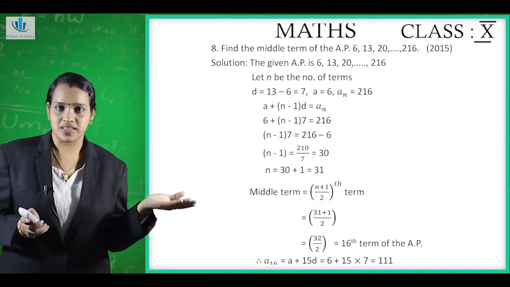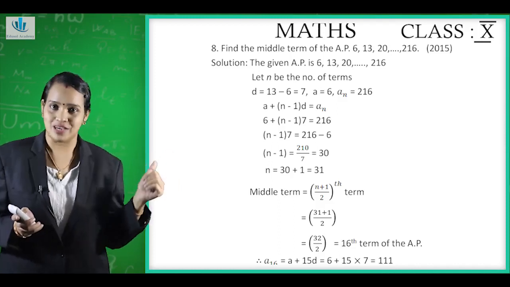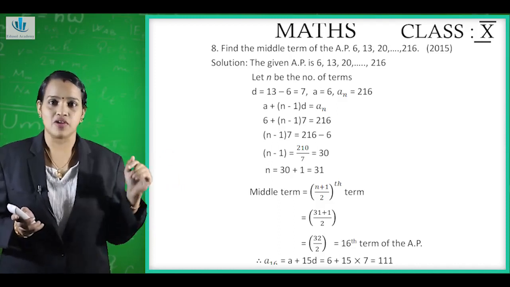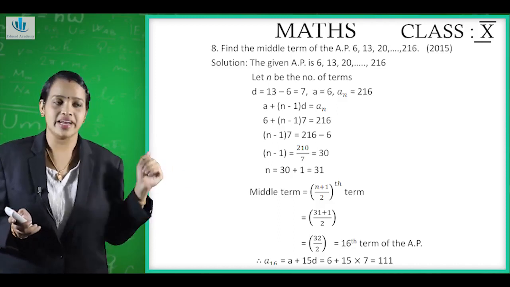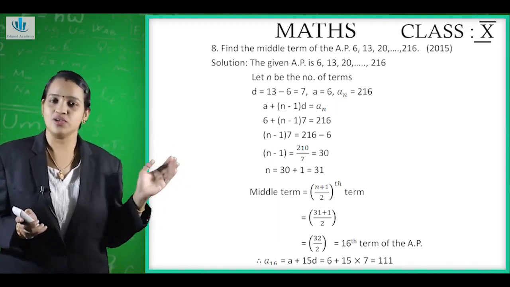We will take 7 on the other side, so it becomes divide. So 210 upon 7 is equal to 30. Therefore we will take minus 1 on the other side, n is equal to 30 plus 1 is equal to 31.